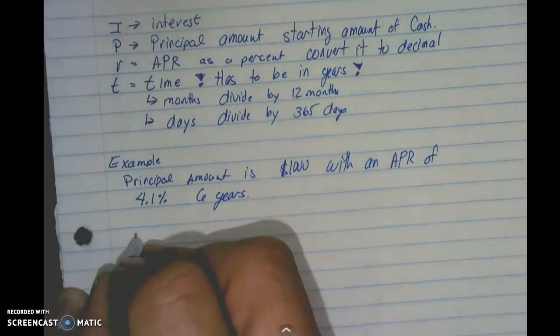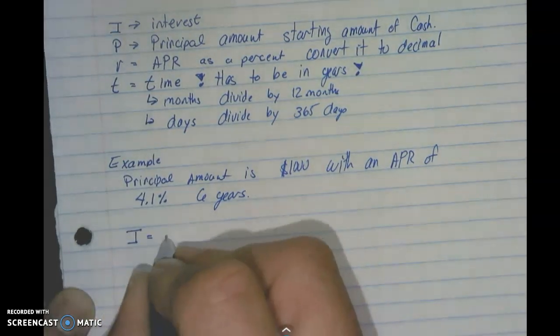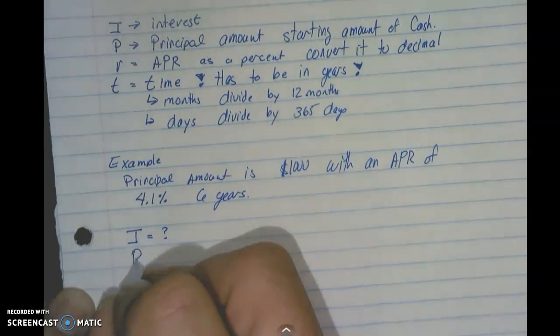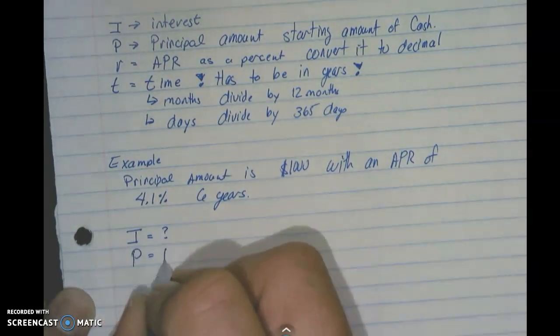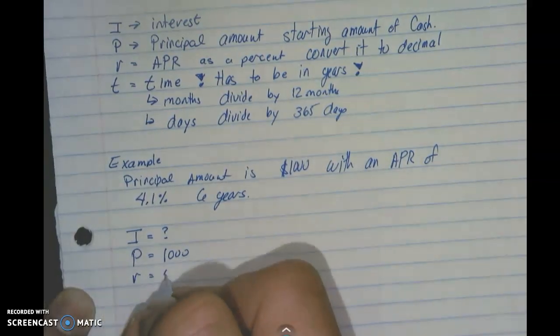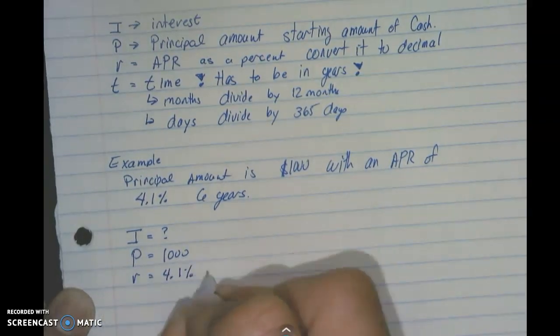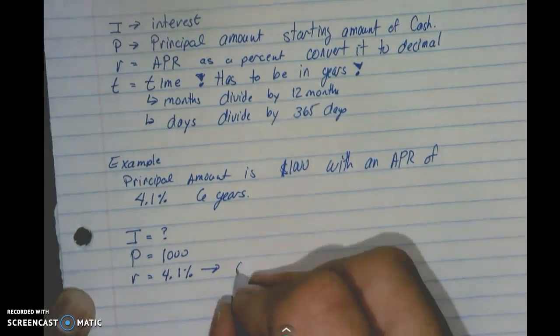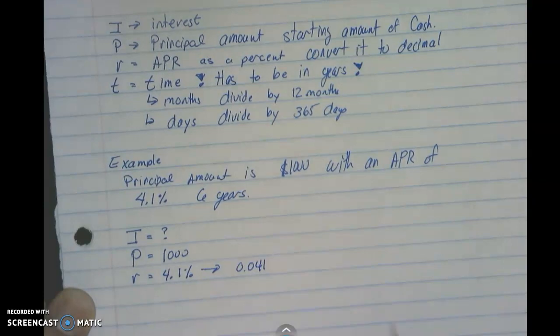So we're going to go with I is what we're looking for. P is 1,000. Your rate is 4.1%. Now convert that to a decimal. If you don't know what to do, divide by 100.